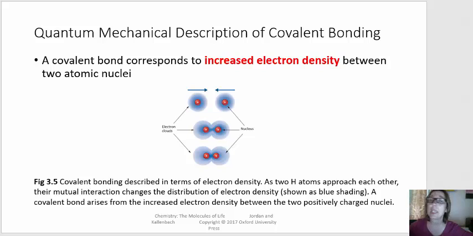So on this graphic here is also a representation of the bond between two hydrogen atoms to form a hydrogen molecule. And the dark blue between the two nuclei, which are represented by the red spheres, indicates an increased electron density. And again, the molecule is below the other two graphics, which means it's the most stable configuration.